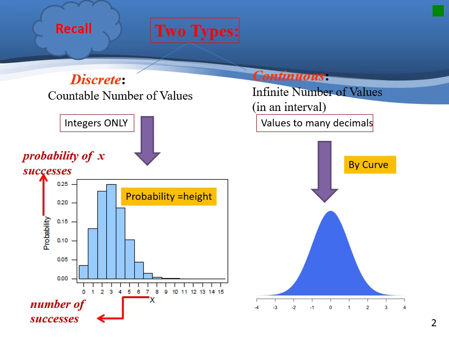The graphical form for the probability distribution for a continuous random variable can be expressed by a smooth curve.